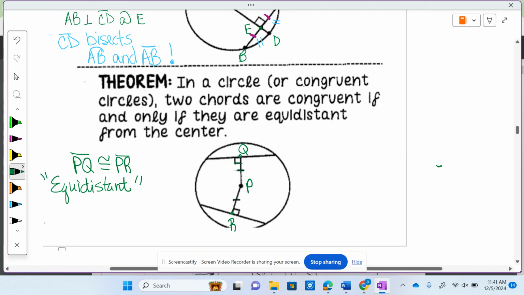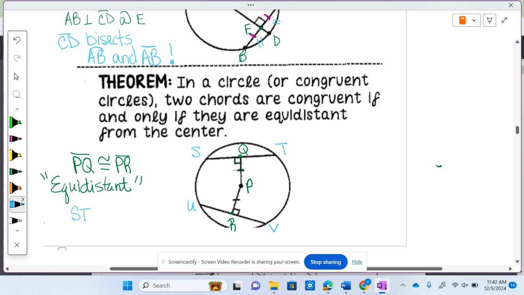So if those chords, what are the names of our chords? Well, let's call this chord ST, and let's call this chord down here chord UV. So we can say that ST is congruent to UV because QP is congruent to QR.